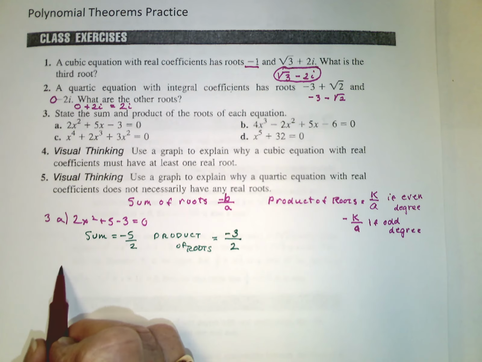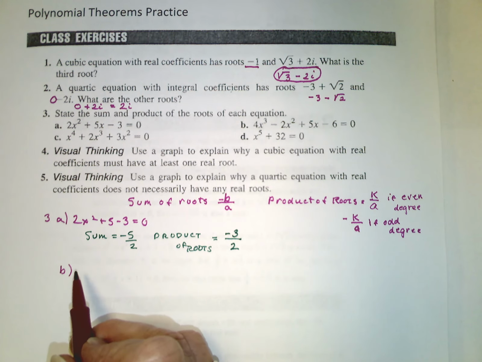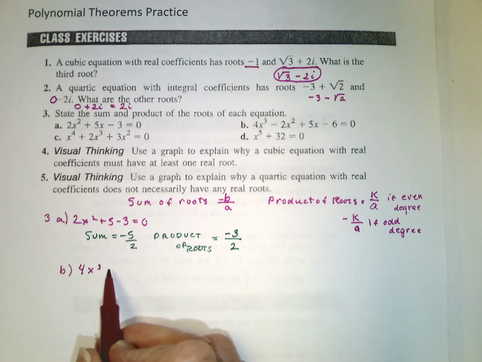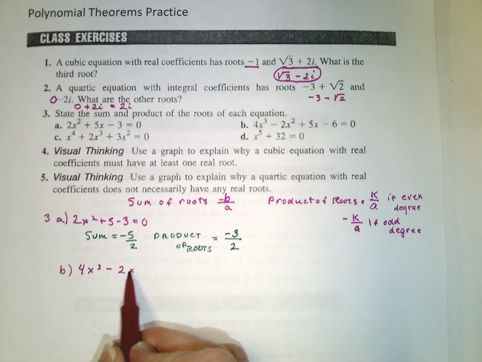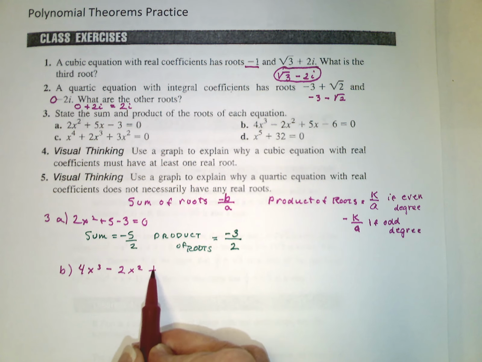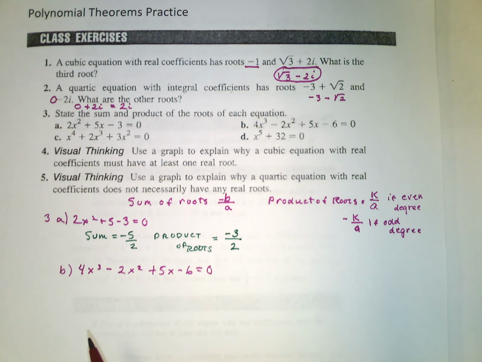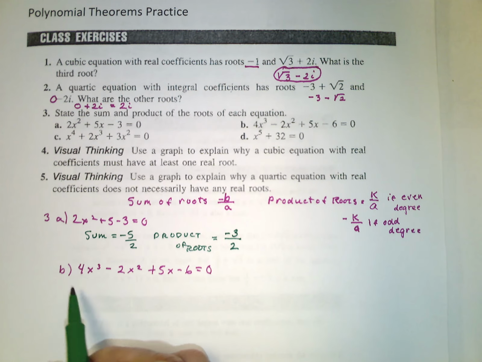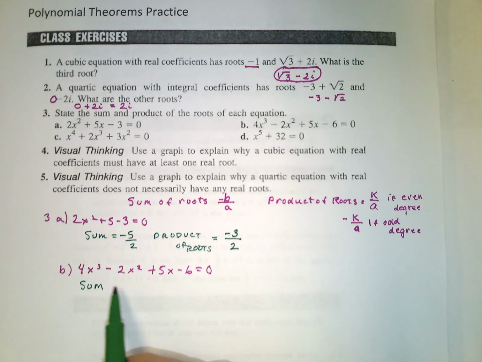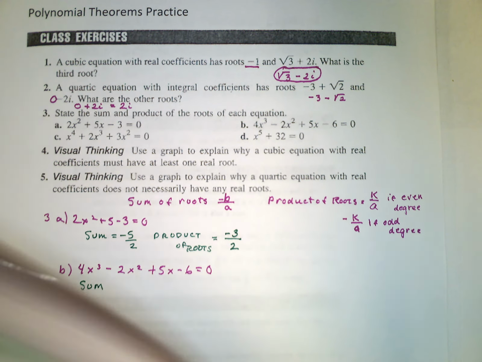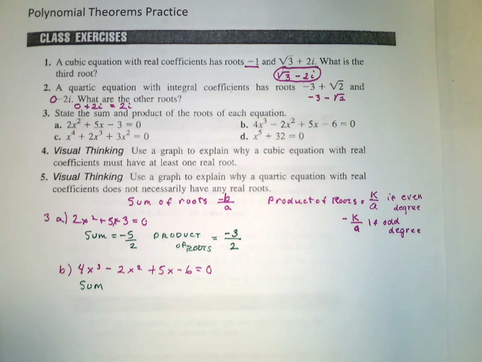For part B, so we have 4x cubed minus 2x squared plus 5x minus 6, all equals 0. And they want the sum of the roots. Well, these are going right straight down. And I made a mistake here. This is a 5x.